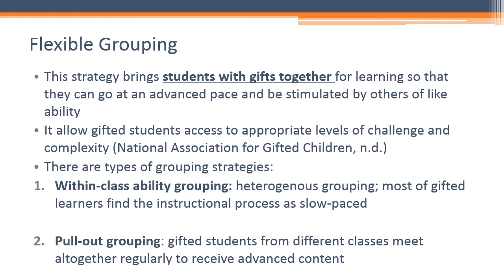So it means heterogeneous grouping. So halo-halo. So for example, we have a class of 30 and meron doong one or two learners identified as gifted and talented learners. Okay. So it's possible within class ability grouping that they are heterogeneously grouped with the kids or children of their peers. Okay.